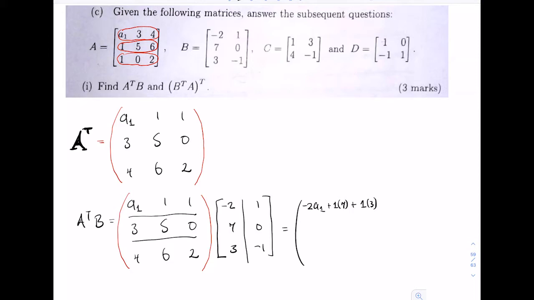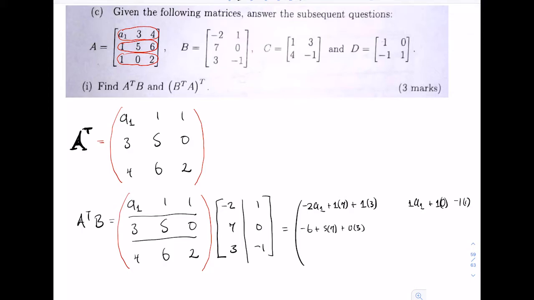Our second term turns out to be 1 times 1 plus 1 times 0 minus 1 times 1. Here in our first column, second row, we'll have minus 6 plus 5 times 7 plus 3 times 0.